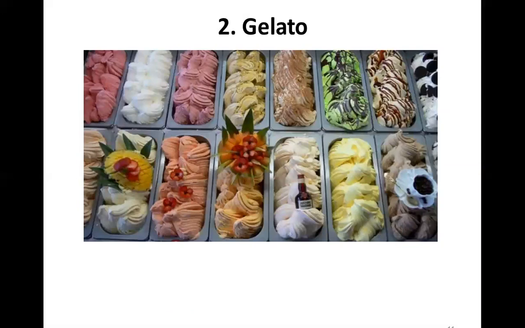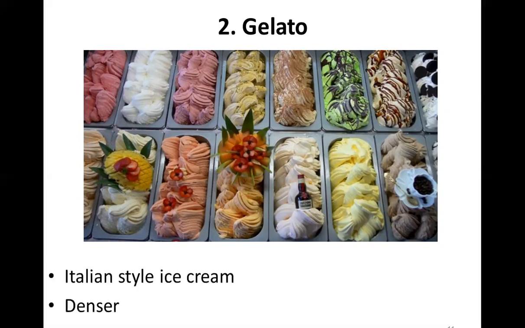So the next churn frozen dessert is gelato. Gelato is an Italian style ice cream. Unlike your American style ice cream, these are denser.